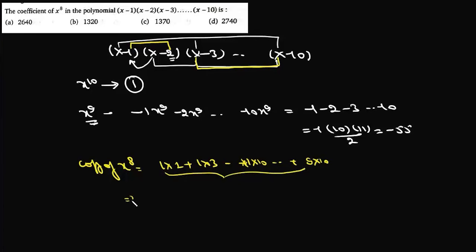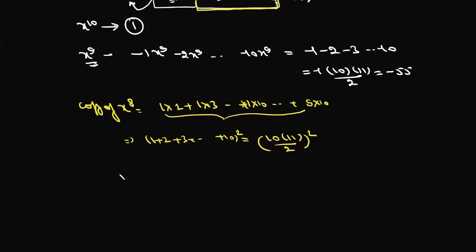Now we know that (1 plus 2 plus 3 up to 10) whole square is (n(n plus 1) by 2) whole square. Now we can write this as a square plus b square plus up to 10 square plus 2 times all the terms 2ab, bc, ac and so on.